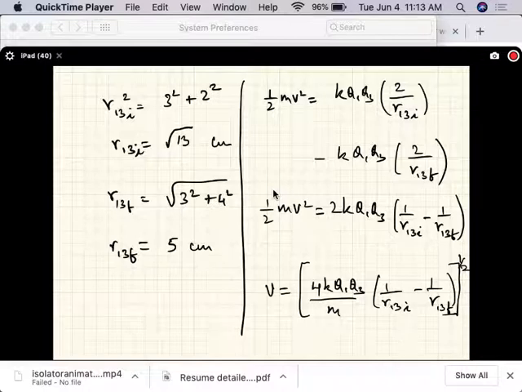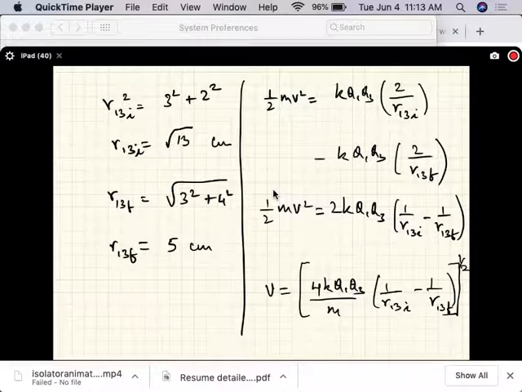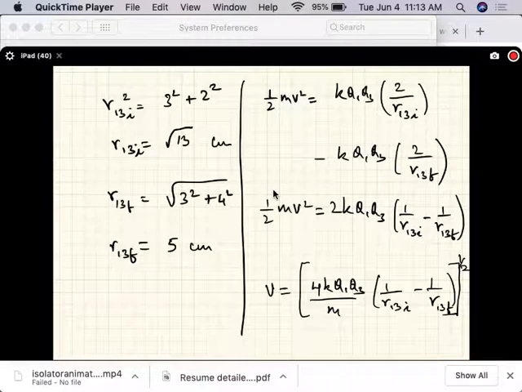All right, now we can start putting in values. Mass is 10 milligrams. The charges are 2 and 4 microcoulombs, and so on.